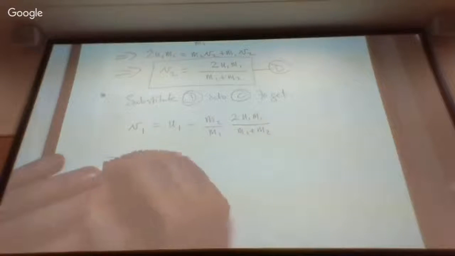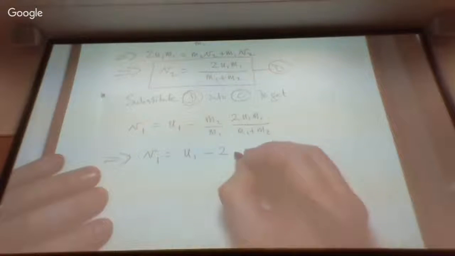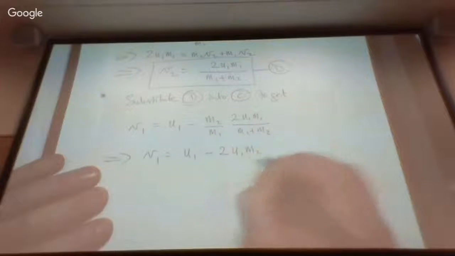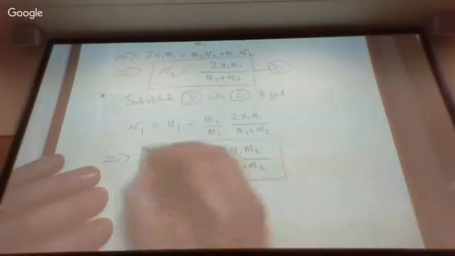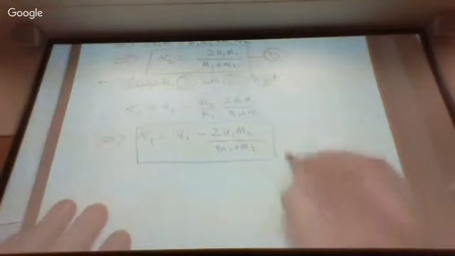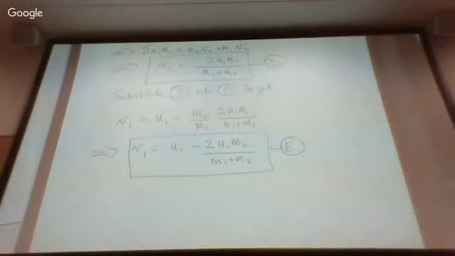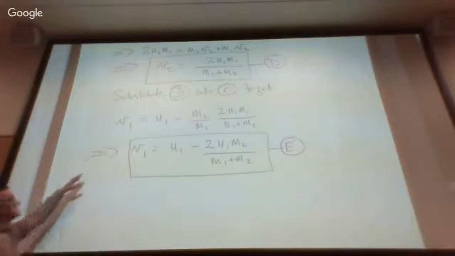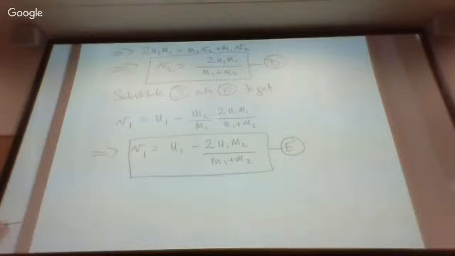So that tidies up to give you V1 equals U1 minus 2 U1 M2 over M1 plus M2. We call that equation E. So then we've got these two equations, D and E, which give us this nice relationship: the new velocities V1 and V2 in terms of the masses and the old velocity U1.